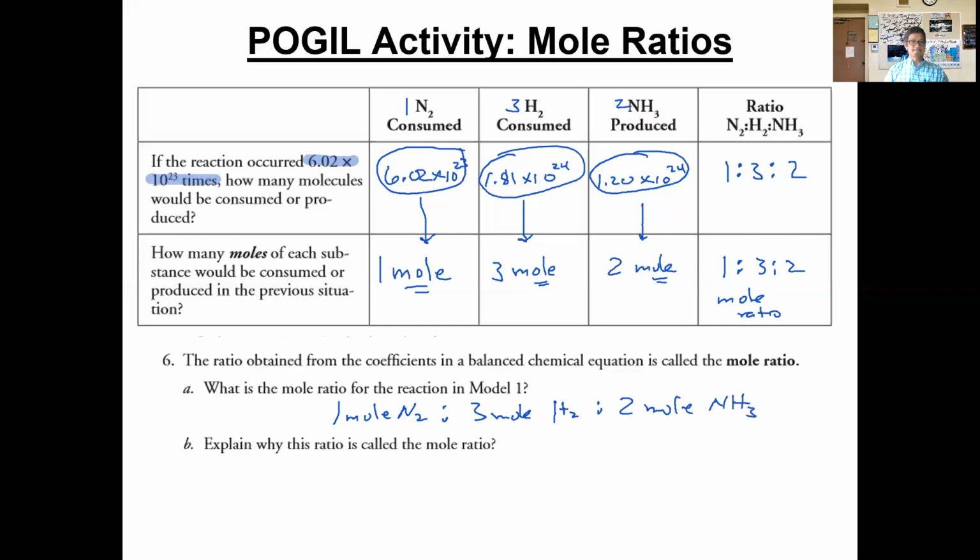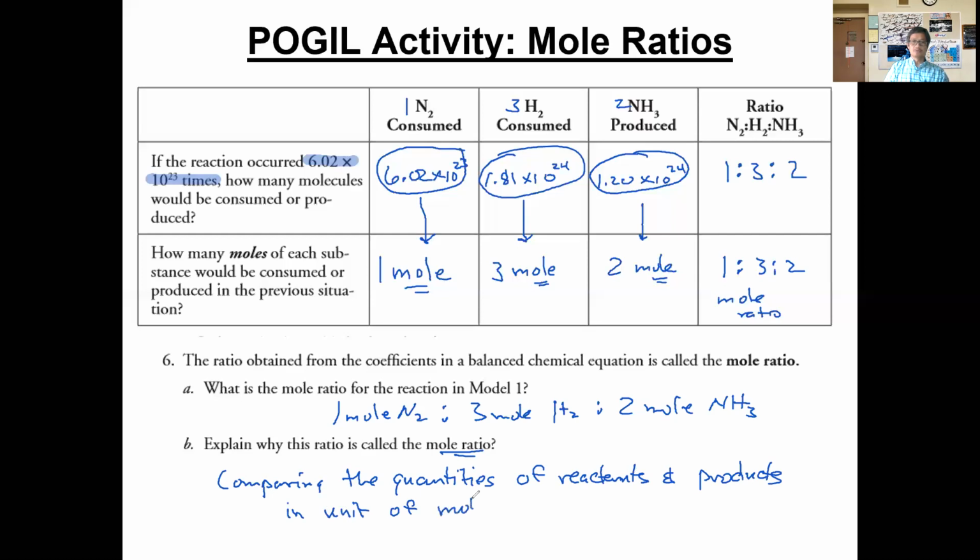Okay, and again, why do we call this the mole ratio? Why is it called the mole ratio? Because we are comparing the quantities of reactants and products in units of moles.